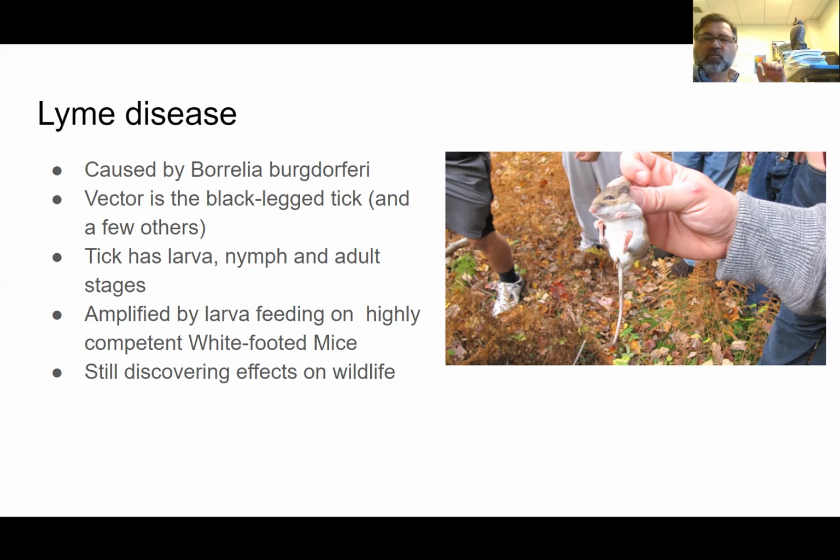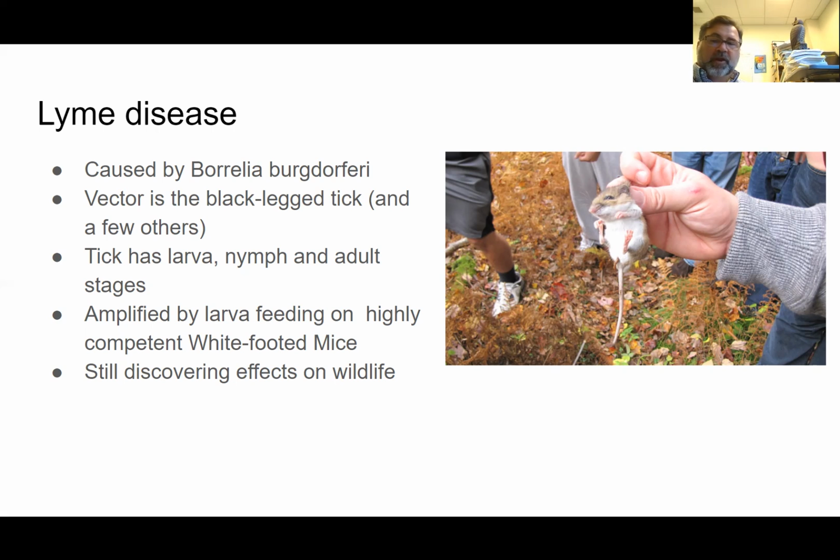So one mouse can infect many ticks, right? And so when the mouse population goes up, Lyme disease can increase in your population. When the mouse population crashes, Lyme disease will go down. What causes mouse populations to go up and down? It could be masting by oaks. So oaks can affect Lyme disease by mediating the mouse population.